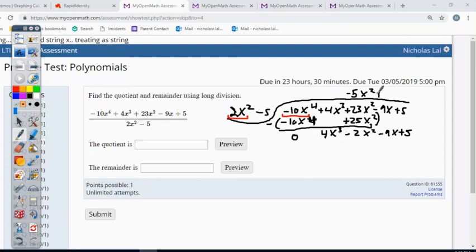So negative 5x squared plus 2x. 2x times 2x squared is 4x cubed, and 2x times negative 5 is negative 10x. I subtract: 4x cubed minus 4x cubed is 0. Bring down the negative 2x squared. Then negative 9x minus negative 10x is negative 9x plus 10x, which is going to be plus 1x, plus 5.